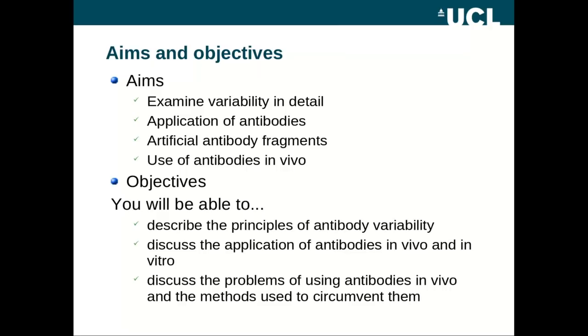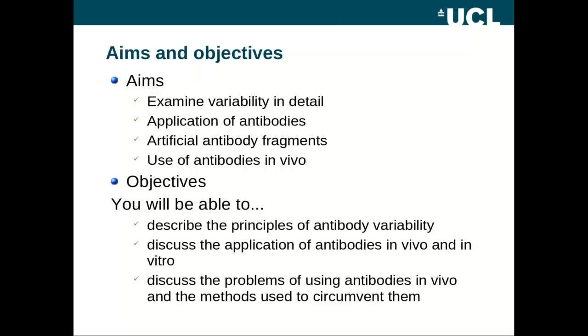So, aims and objectives for this lecture are, first of all, to examine variability in a bit more detail at the level of these CDR loops that form the antibody combining site. Also to look at the applications of antibodies in more detail, look at antibody fragments that can be used, and how we can use antibodies in vivo, what we need to be able to do to make antibodies suitable for use as drugs.